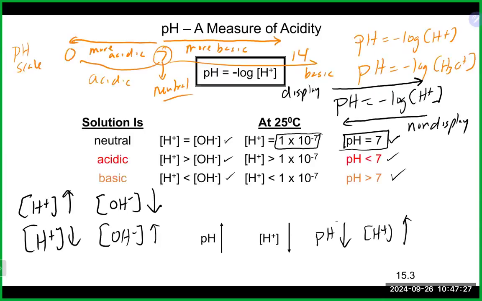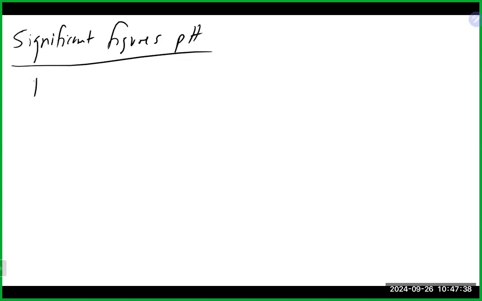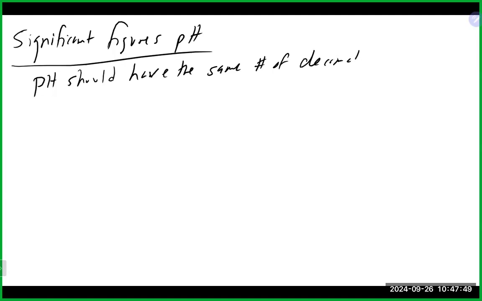Clearly, we need to talk about the importance of significant figures, I suppose. Significant figures and pH. So your pH should have the same number of decimal places as the concentration number has significant figures.